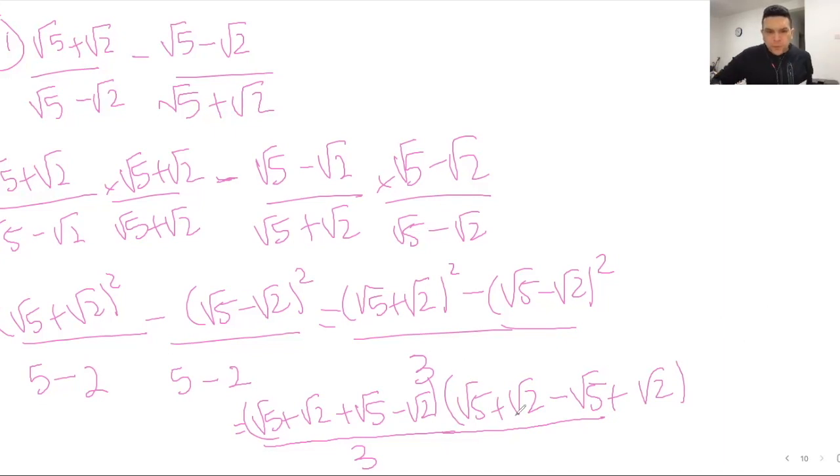Let's see, what can we cancel? This 2 can cancel. This is 2 square root of 5. And then from here we can cancel this one, and we get 2 square root of 2, right? Yeah.